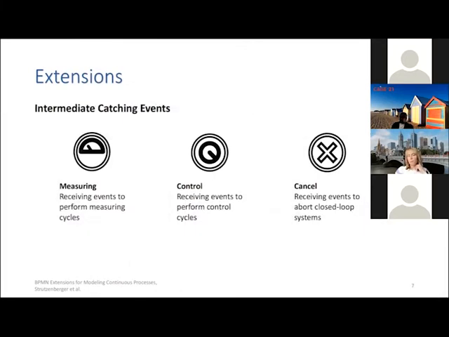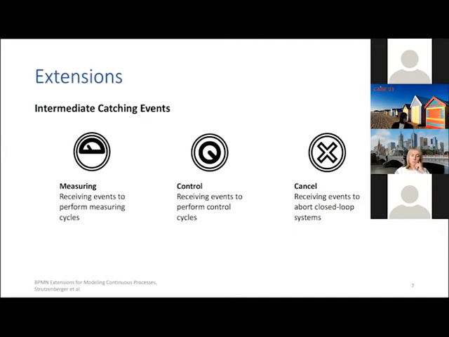The suggested intermediate catching events are measuring, control, and cancel, each depicting one important type of task, which are also part of processes in process and control engineering. When a branch of a closed loop subsystem starts with a measure intermediate event, the tasks after this are meant for measuring or data acquisition.